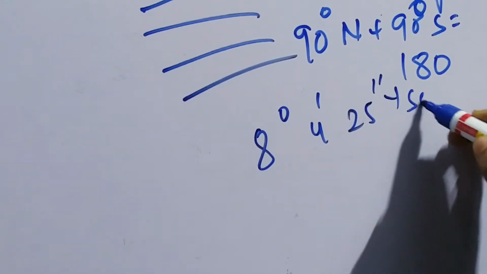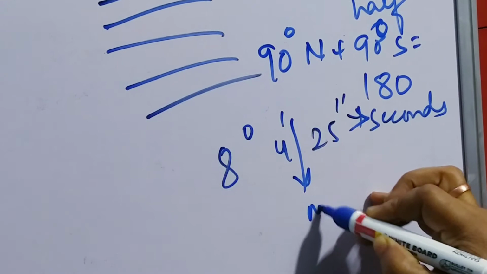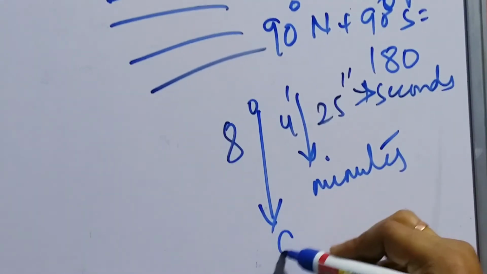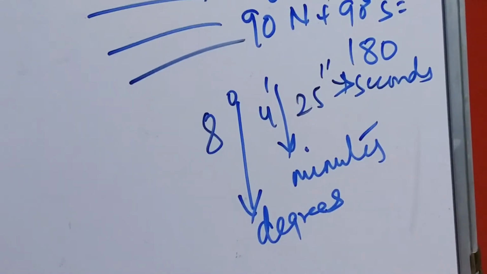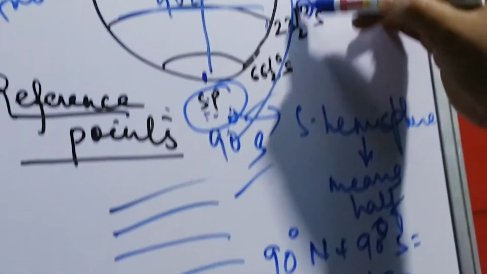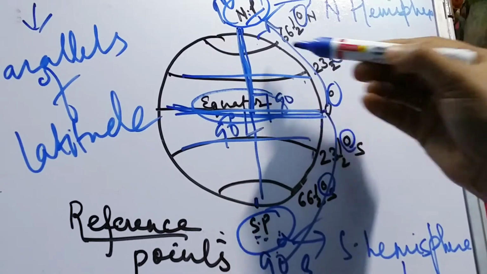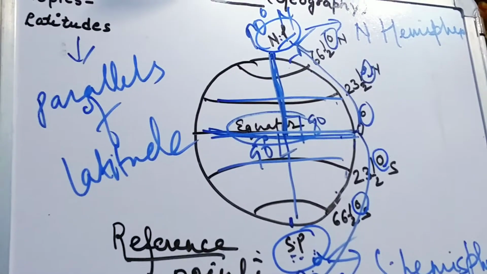This stands for seconds, this stands for minutes, and this stands for degrees. The latitudes are always expressed in degrees. So these are all the parallels of latitude.